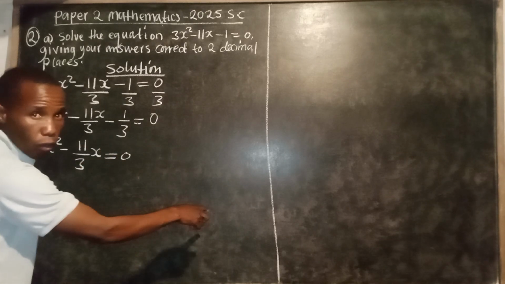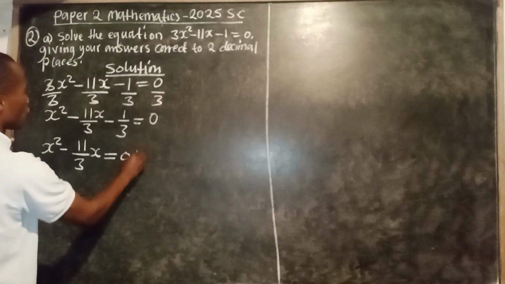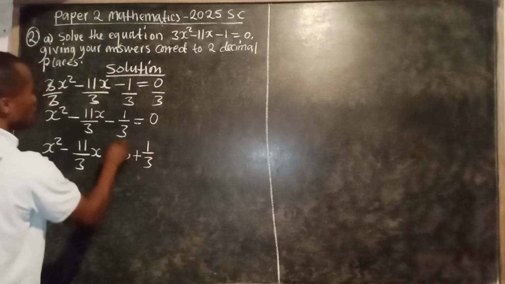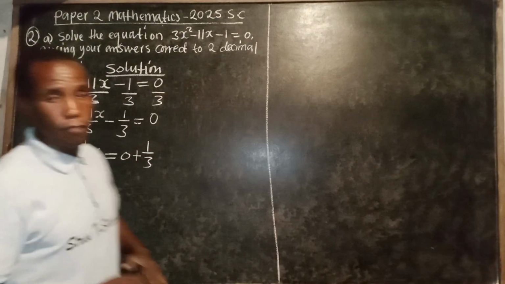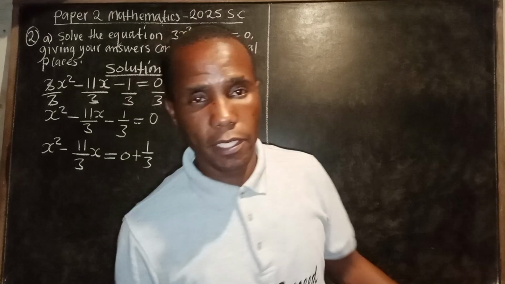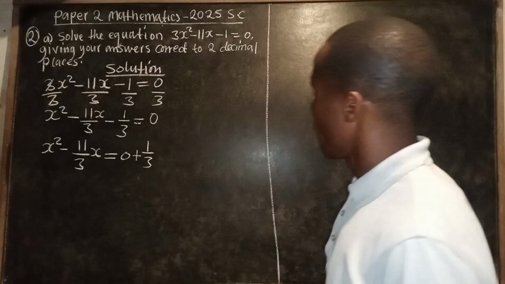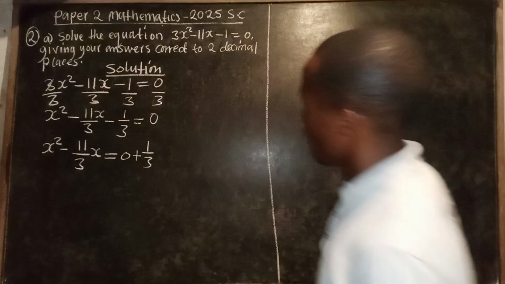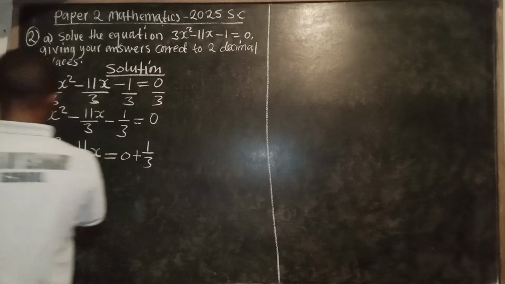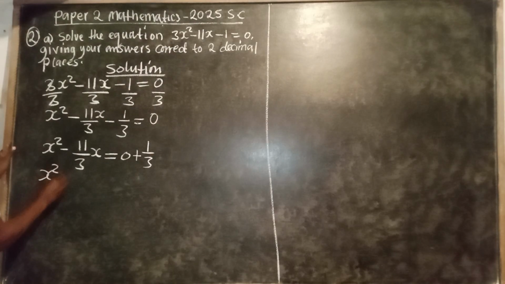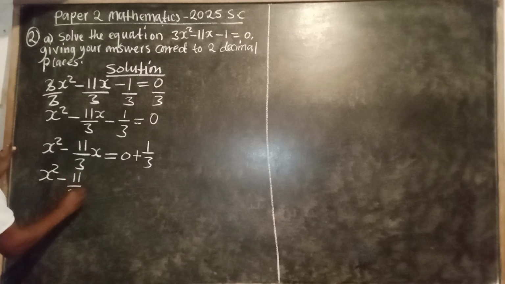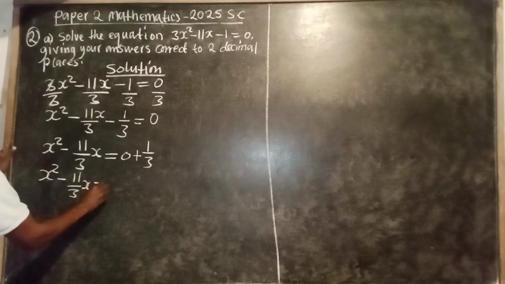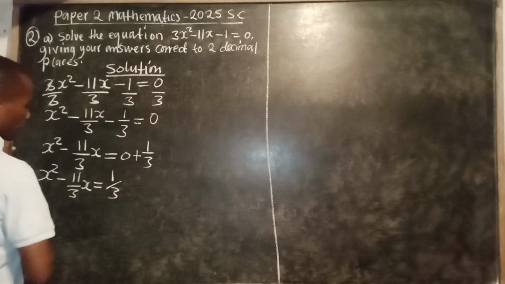Then this one will go to the other side and it will be positive, because here it is negative 1 over 3. Once it crosses the equal sign, it changes from negative to positive. So we have x squared minus 11 over 3 x equals 1 over 3.